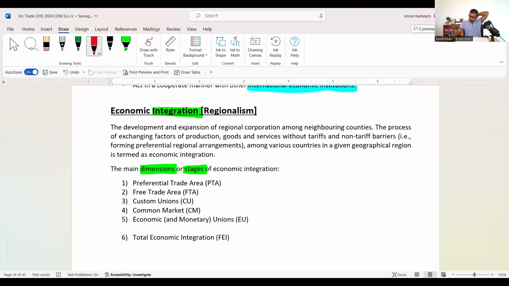Especially number 2, then number 3, number 4, these things are sometimes called trading blocks. So the word trading blocks is a bit broad. It includes different levels of integration. But blocks, like building blocks, trading blocks, you put each block together and you create something. Likewise, you bring each country together and you create an integration, right?